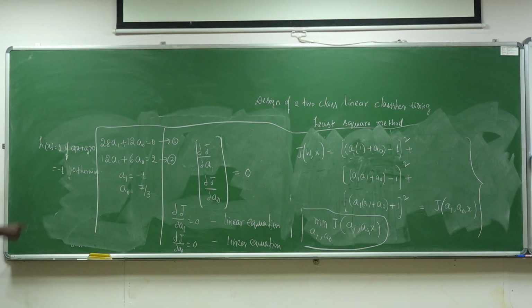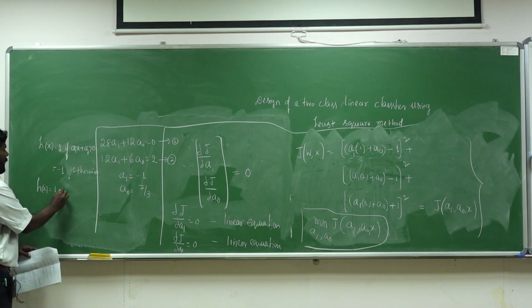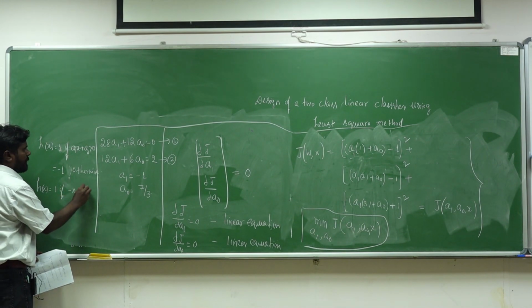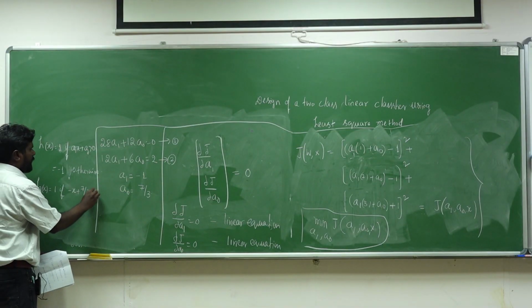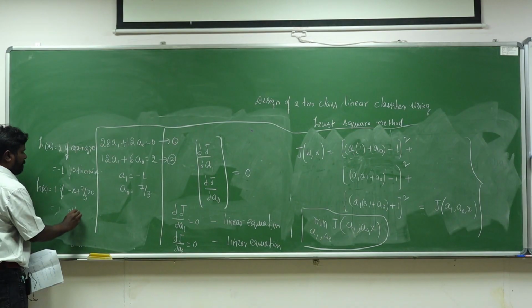Now you substitute the values a1, a0 in this, and what you get is h of x is equal to 1 if minus x plus 7 by 3 is greater than 0, and minus 1 otherwise.